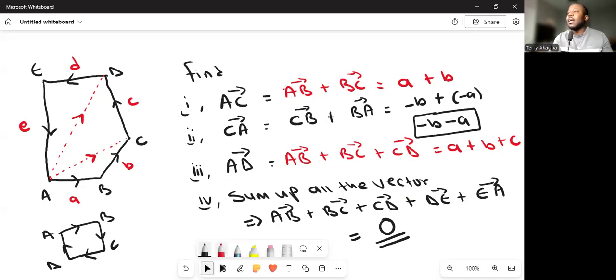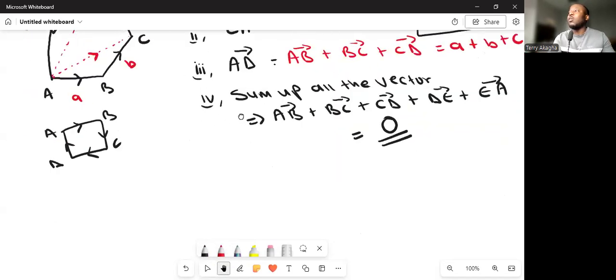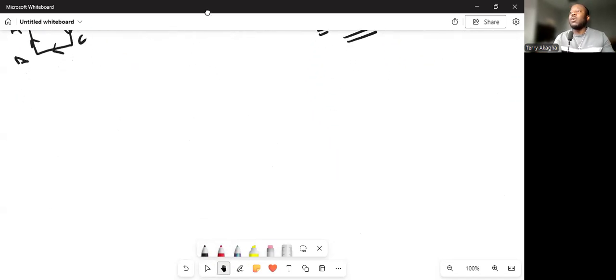Now I'm going to write this down for you to take note of: the sum of vectors in a closed figure will always be 0, so that you can put that in your notebook as well.